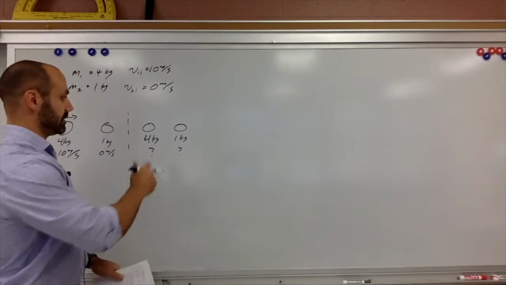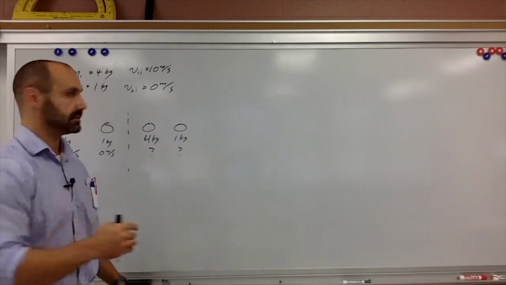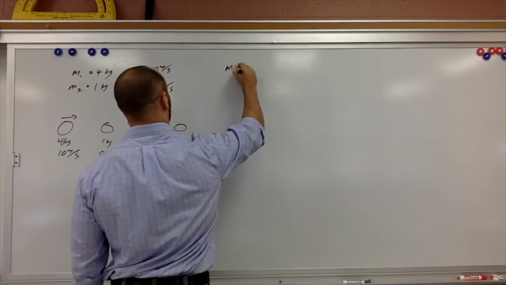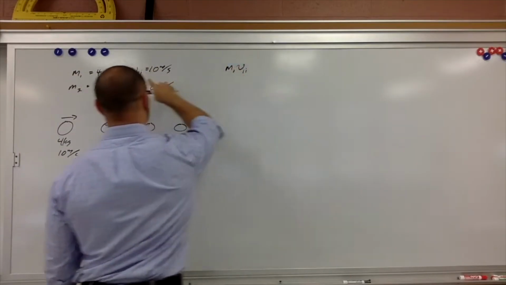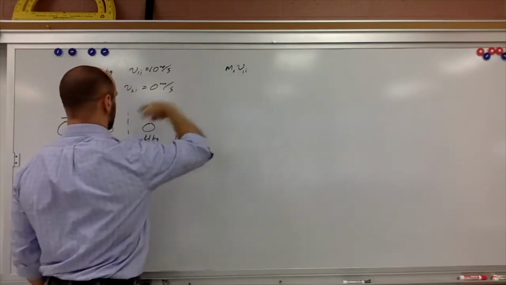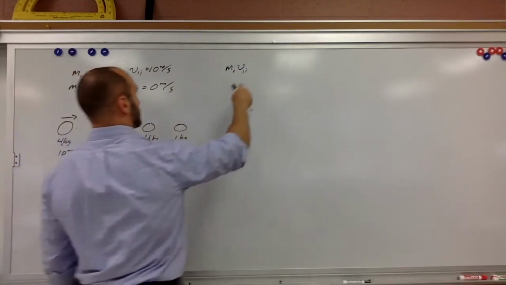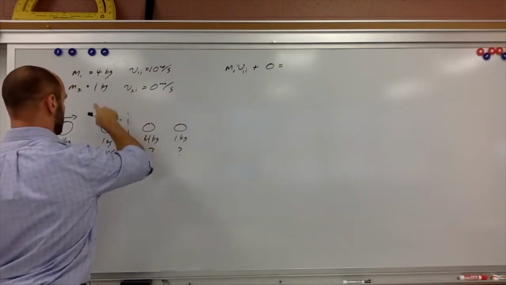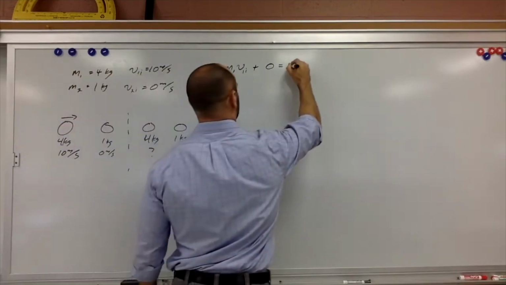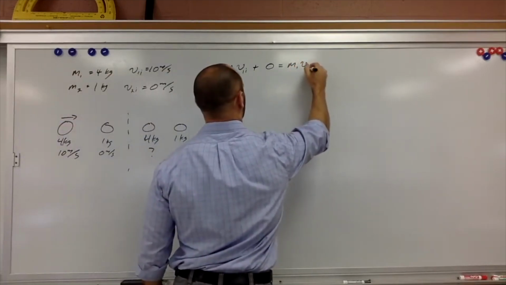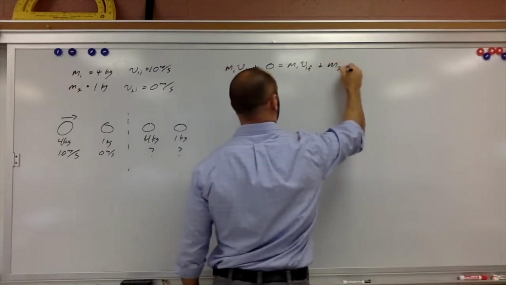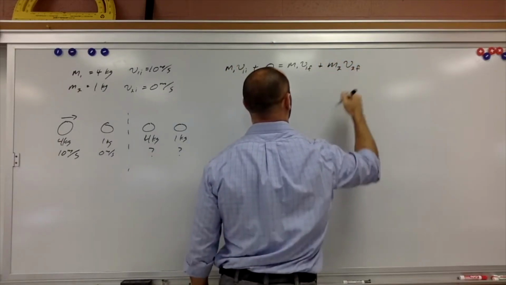Because this is elastic, we can write two equations. We can write the momentum equation: M1 V1I, the initial velocity of this ball, plus 0, because the momentum of this one is 0 to start with, equals M1 V1F plus M2 V2F.